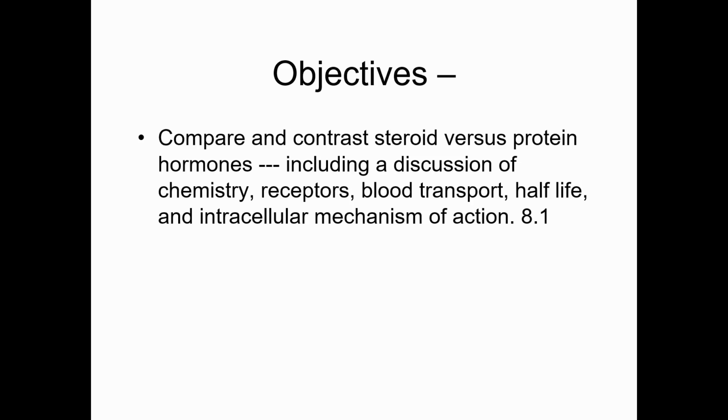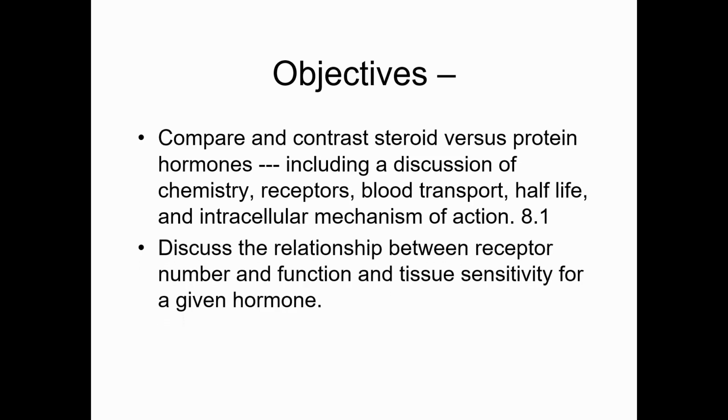Do they use a carrier protein, or are they free in the blood? What is their half-life? How long does this hormone stay around in body systems? And finally, when they bind to their receptors, what kind of intracellular mechanisms carry out the will of that particular hormone? A way to achieve that learning objective is to work through Critical Thinking 8.1.